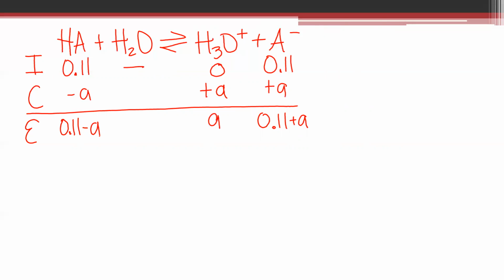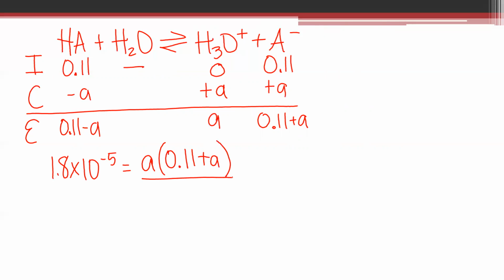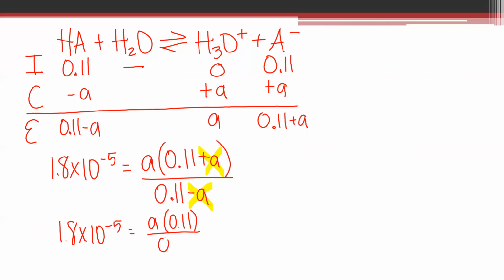So our Ka value given, 1.8 times 10 to the negative 5, is equal to the hydronium, which is A, and then we have 0.11 plus A for the conjugate base all over 0.11 minus A. Well, remember, we're making the assumption so we can get rid of our plus and minus A. So this turns into 1.8 times 10 to the negative 5 is equal to A times 0.11 over 0.11.